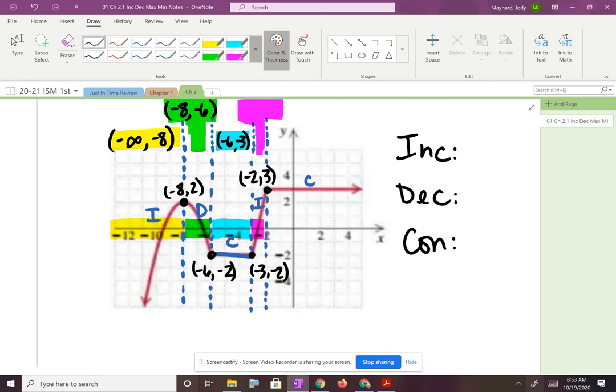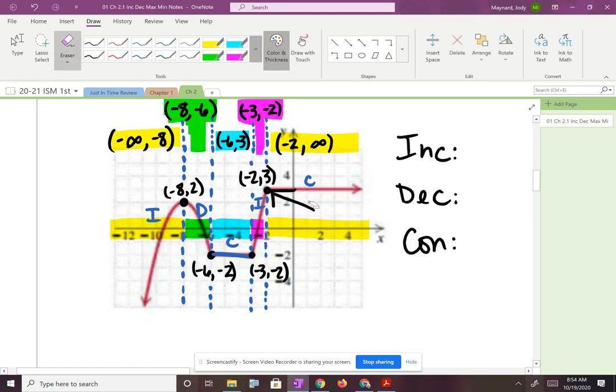All right, where does that little teensy tiny interval start at? Negative 3 and end at? Good. And then lastly, I'm going to do another yellow interval. Here, this one, we're all the same. Where does this constant interval start at? And then goes to? Always use parentheses again, because at this point, we are neither increasing nor decreasing.